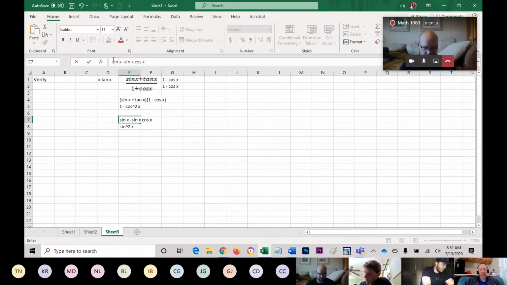Tangent of x times 1 is tangent of x. And tangent of x times negative cosine of x is negative tangent of x cosine of x.